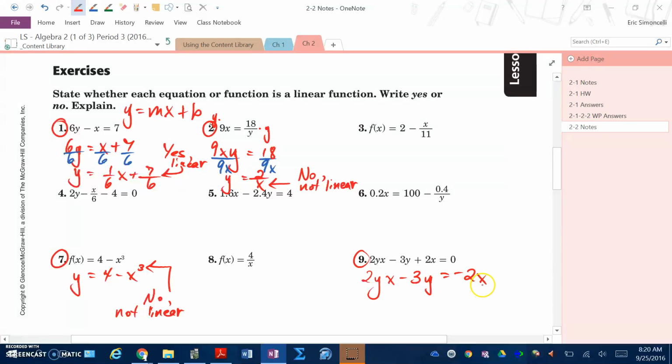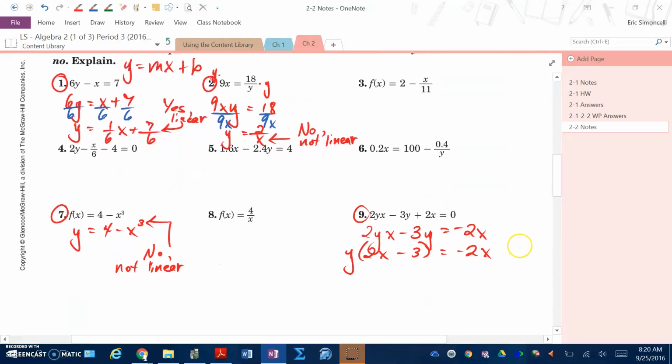As you can see, I've already subtracted 2x. The next thing you're going to do is factor out a GCF of y, because they are in both the 2yx and negative 3y terms. So divide out the y, and you'll be left with 2x. Divide it out of here, and you'll be left with negative 3. So there's the next setup.